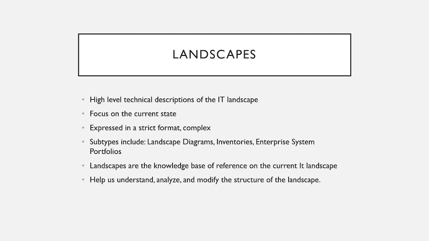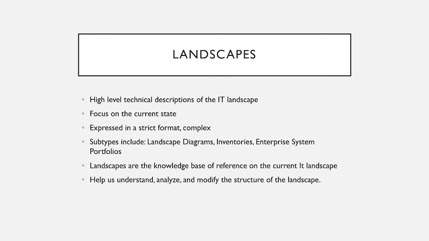Landscapes. I like this one. It's me for real because it focuses on the now, the current state of an organization. It is high-level technical descriptions of the IT landscape. It's expressed in a strict format and it's complex. And its subtypes include landscape diagrams, inventories, and enterprise system portfolios.